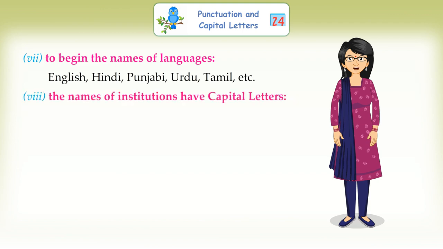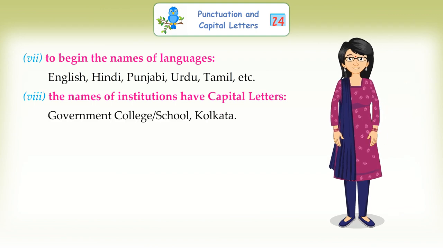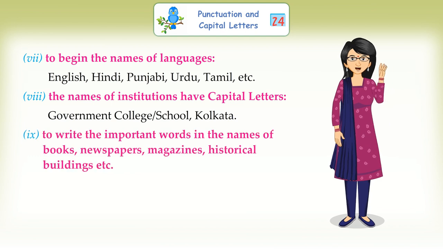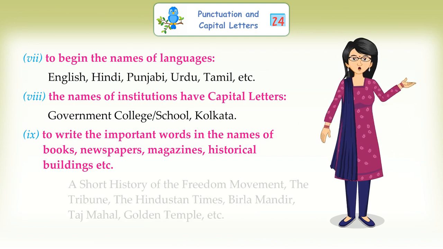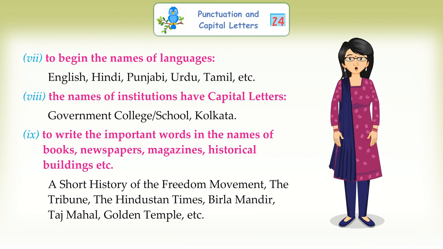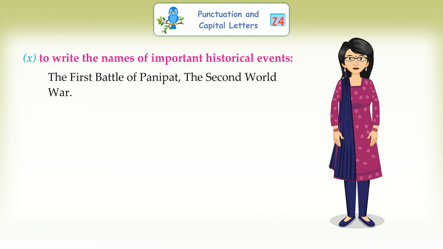The names of institutions have capital letters: Government College, School, Kolkata. To write the important words in the names of books, newspapers, magazines, historical buildings, etc.: A Short History of the Freedom Movement; The Tribune, The Hindustan Times, Birla Mandir, Taj Mahal, Golden Temple, etc. To write the names of important historical events: The First Battle of Panipat, the Second World War.